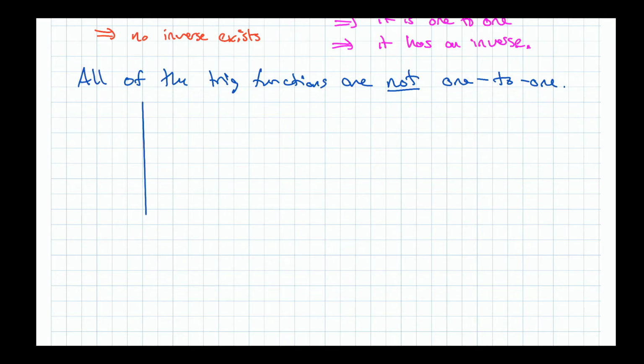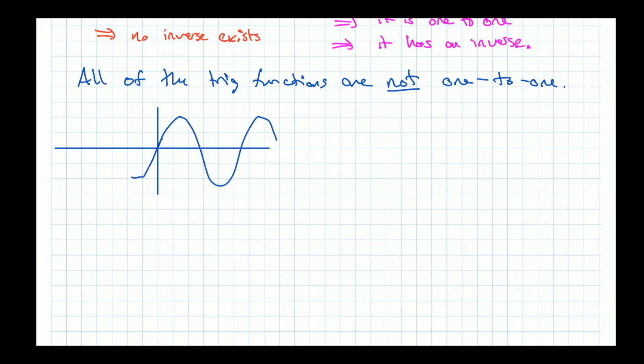If you look at a graph of any of them, like let's look at a graph of the sine function. If this is y equals sine x, and you cross this with a horizontal line, it actually hits in a whole bunch of places, right? Definitely not one-to-one.